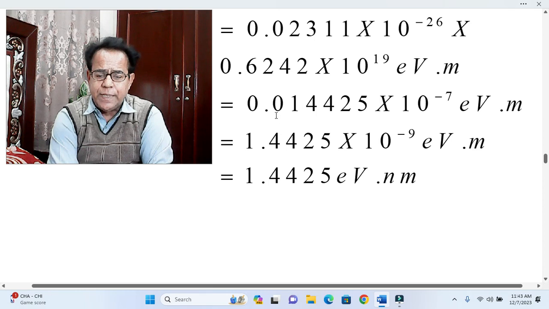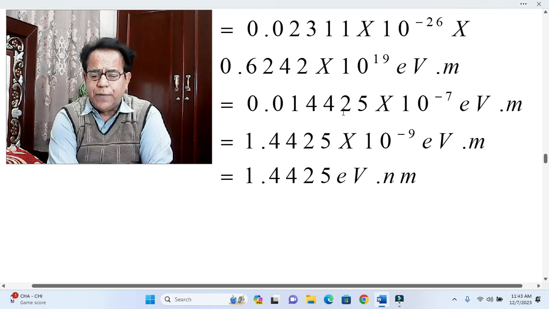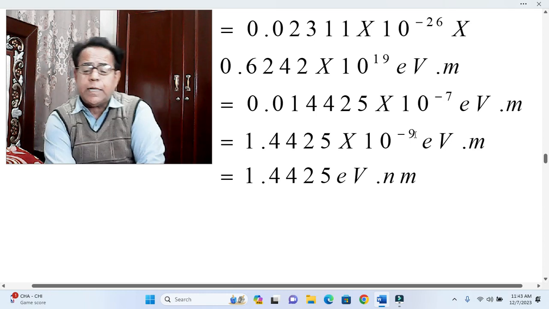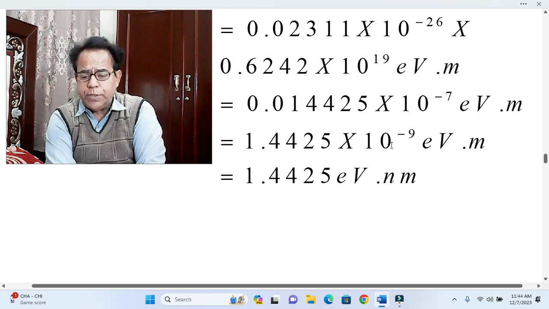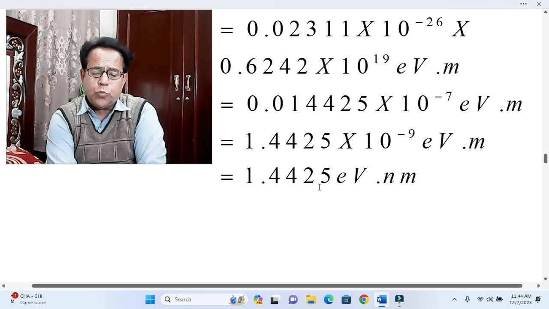By shifting this decimal 2 stages ahead, this power will also increase by 2. So when we write 1.4425 instead of 0.014425, then this 10 raised to the power minus 7 will become 10 raised to the power minus 9 electron volt into meter. Because this factor is called nano, it can also be written as 1.4425 electron volt into nanometer.